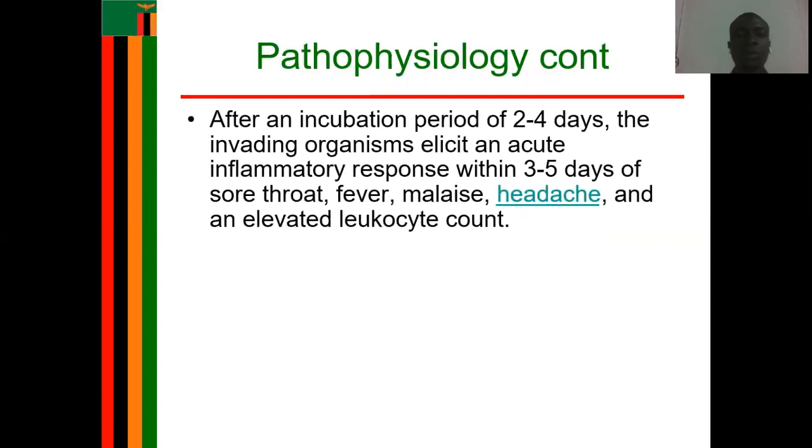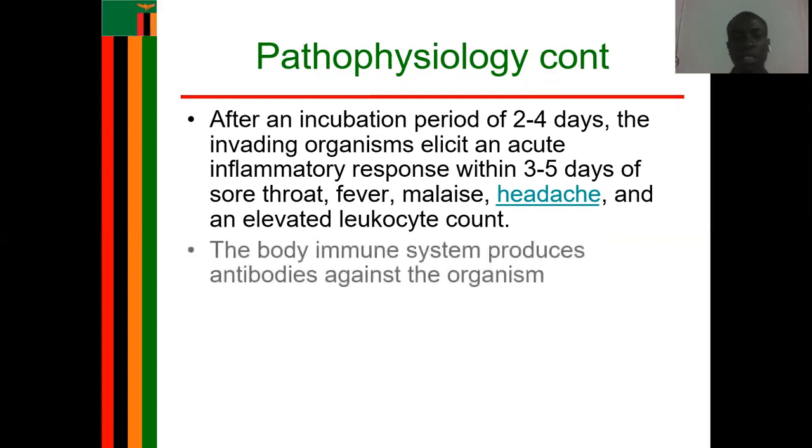After an incubation period of 2 to 4 days, the invading organism elicits an acute inflammatory response with 3 to 5 days of sore throat, fever, malaise, headache, and elevated levels of white blood cells.